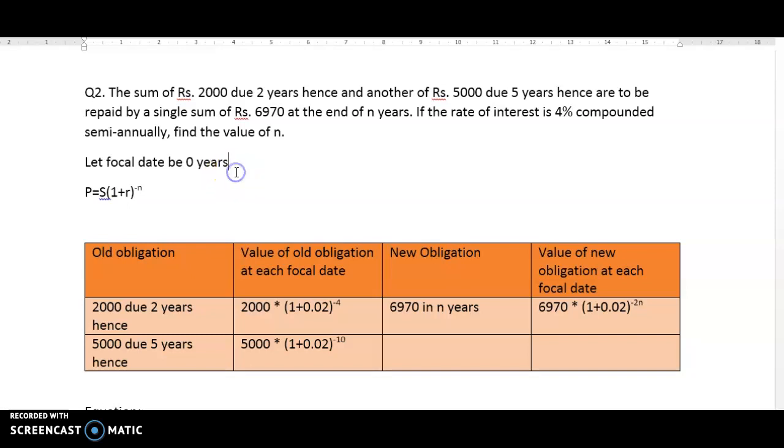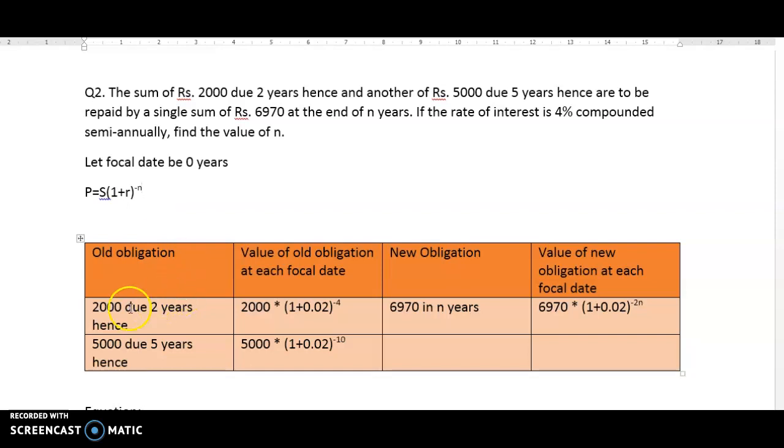You know the formula for calculating the present value is S, that is future value, times 1 plus rate of interest raised to power minus n. So every year will have a negative sign.